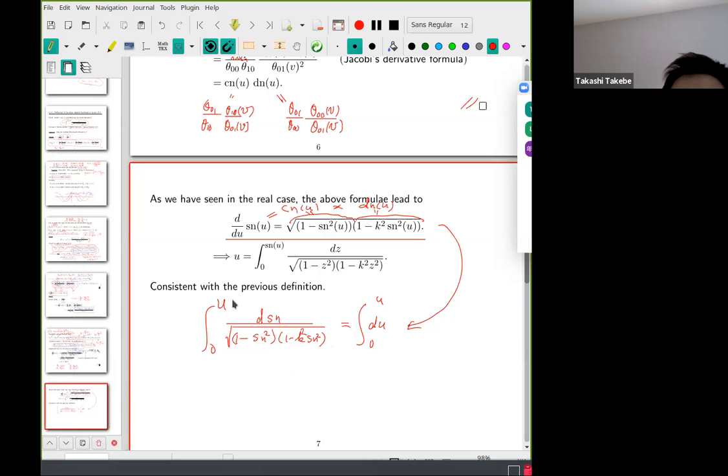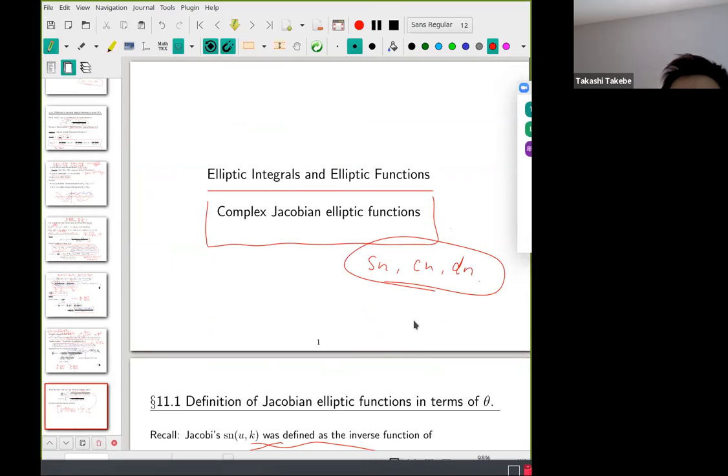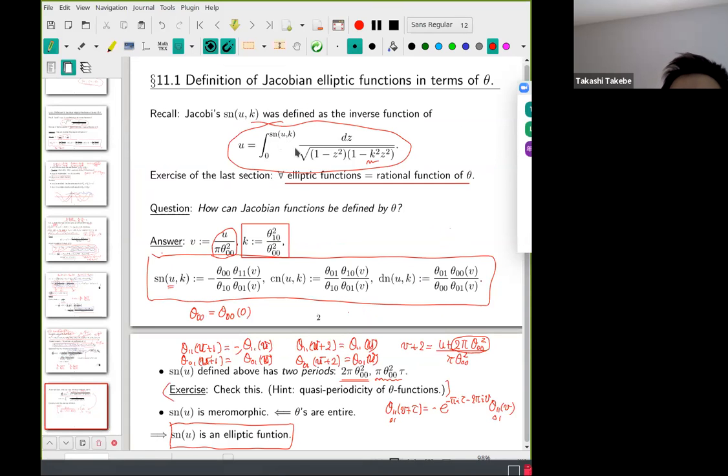Then this means that we integrate, so u is equal to such an integral, which means that Sn is the inverse function of this elliptic integral.